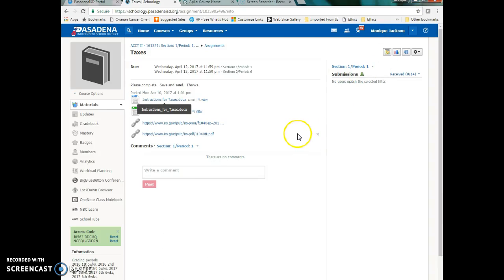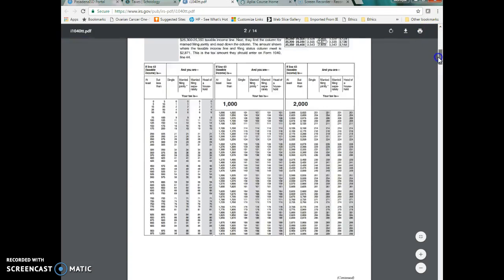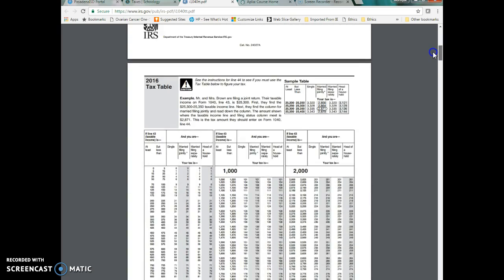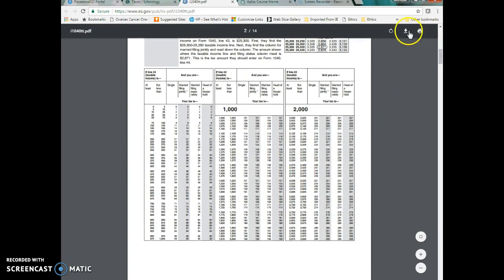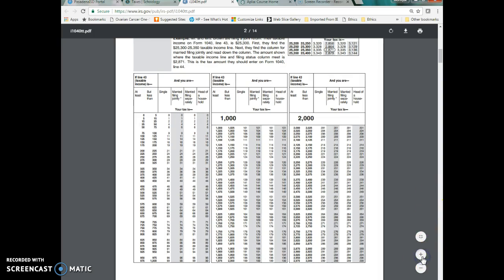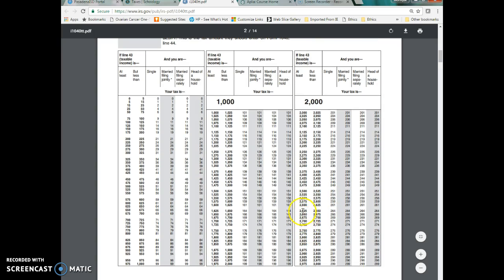I know my ones are excellent at reading tables. I also gave you the tax tables here. $2,625. Can I zoom just a little? Yes, I can. Where is it? There we are.